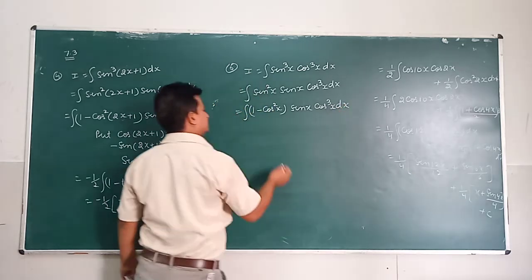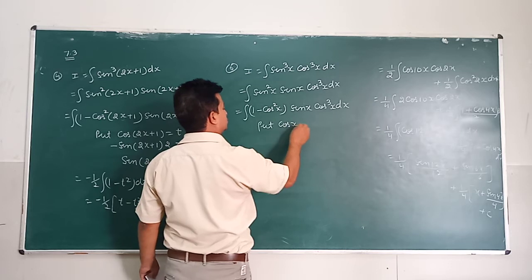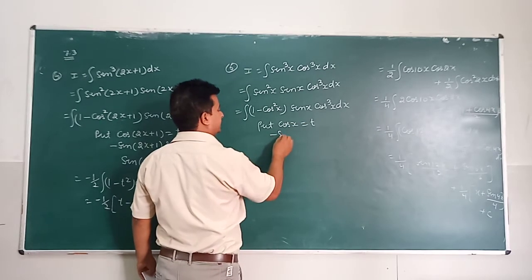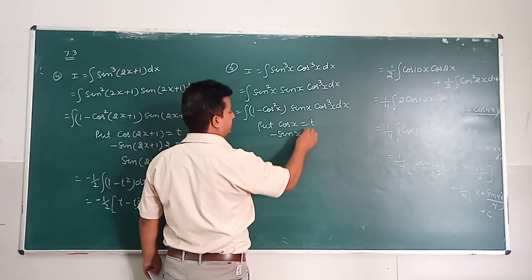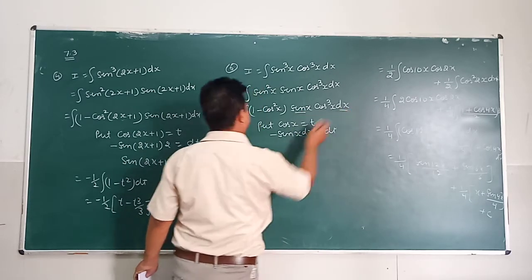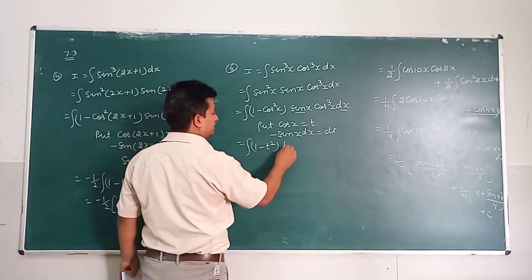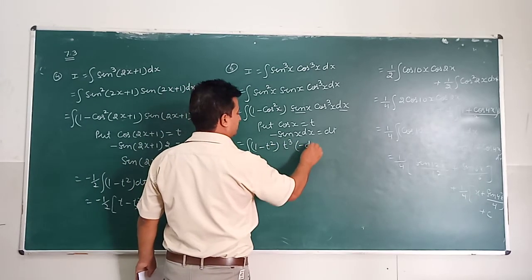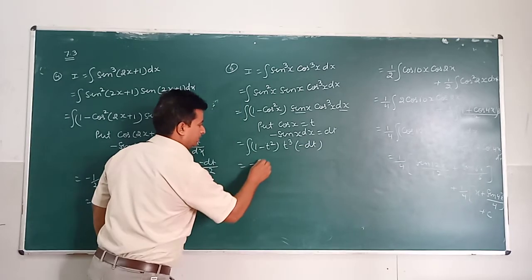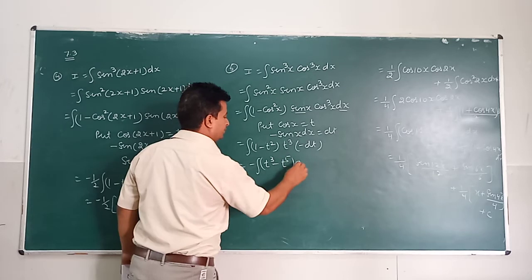Then after this we put cos x equals to t. So its derivative is minus sin x dx is dt. So this sin x dx is minus dt. This is (1 minus t square) t cube into minus dt. This is t cube minus t5 into dt.